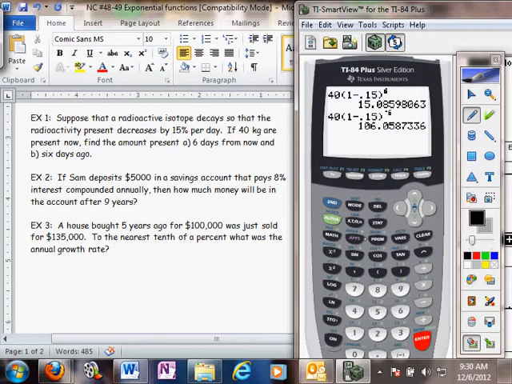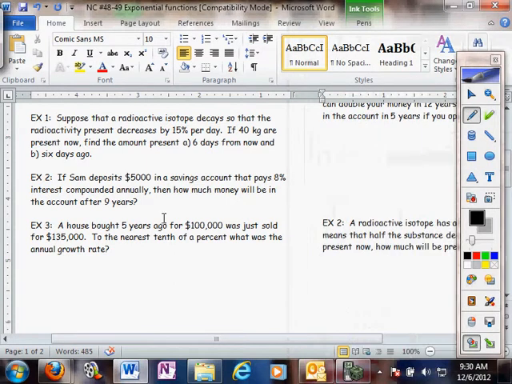Okay, moving on to number 2. If Sam deposits $5,000 in a savings account that pays 8% interest compounded annually, then how much money will be in the account after 9 years?